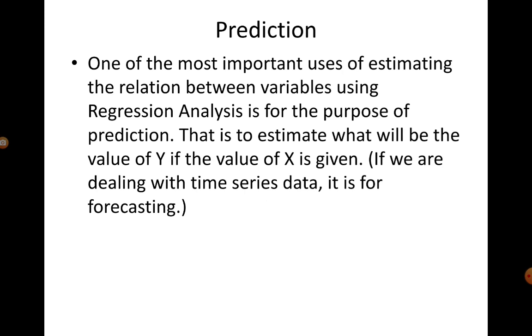So once you have estimated the regression equation based on the sample at hand, you have estimated the sample regression function. Since we do not have the entire population's data in our hand, it is almost impossible to estimate the population regression function. So the sample regression function acts as an estimator of the population regression function.